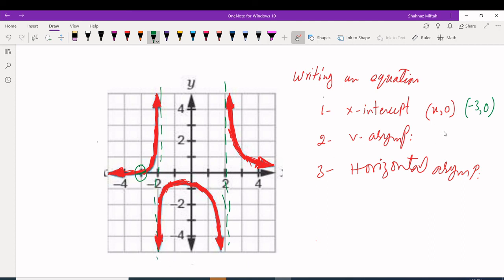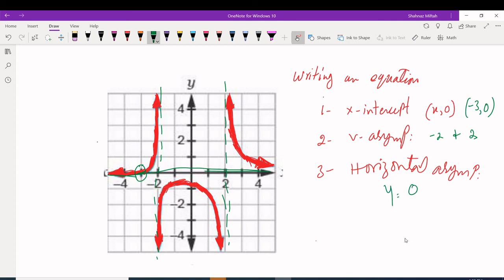So my vertical asymptotes are -2 and 2, right? Then the horizontal asymptote. What is my horizontal asymptote? You can tell it's 0. You see this up here? The graph is not crossing this x-axis. So the horizontal asymptote is 0. I mean y equals 0.